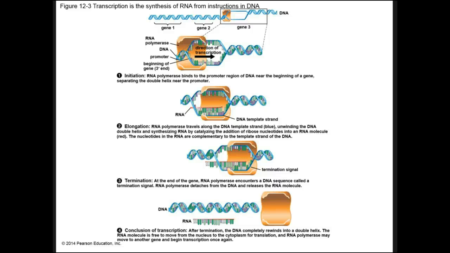In step 2 of this figure, elongation generates a growing strand of RNA, and RNA polymerase synthesizes a sequence of RNA nucleotides along one of the DNA strands. The strand that it is actively reading is called the template strand. RNA polymerase travels along the DNA template strand, starting at the 3' end of a gene and moving to the 5' end.